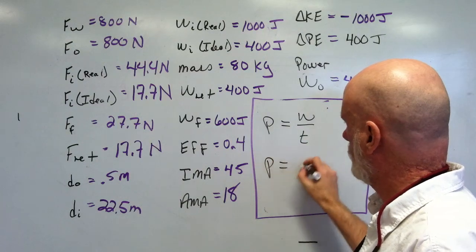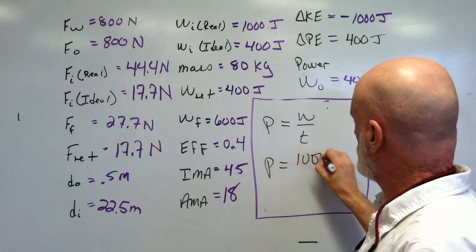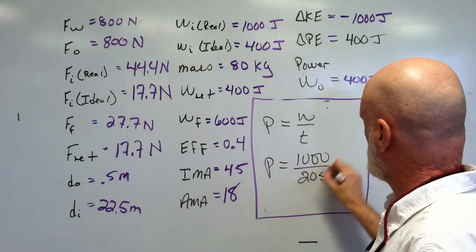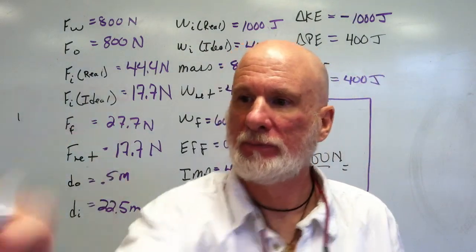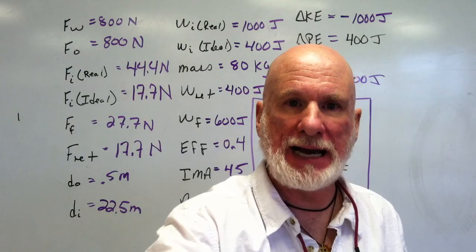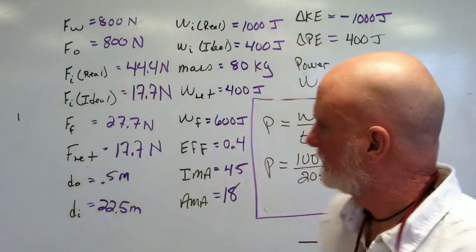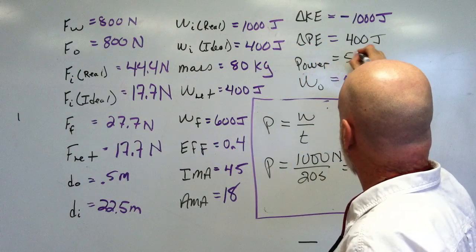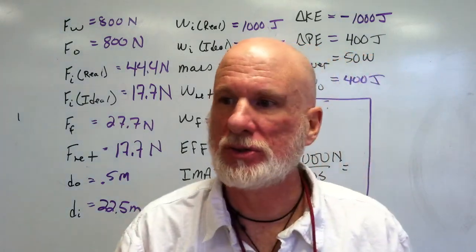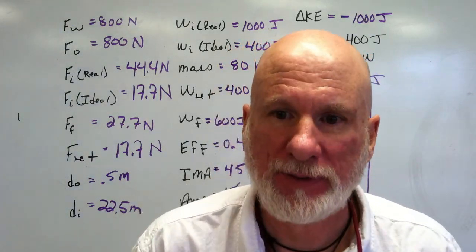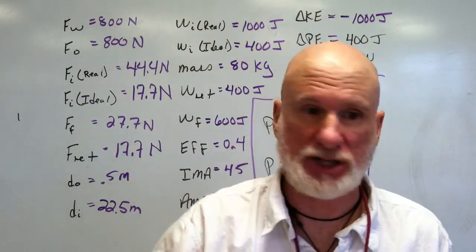So power equals 1,000 over 20 seconds, which equals what? Jack got it, 50 watts. And what is watts named after? James Watt. Exactly, James Watt.